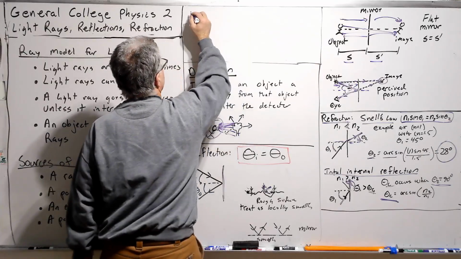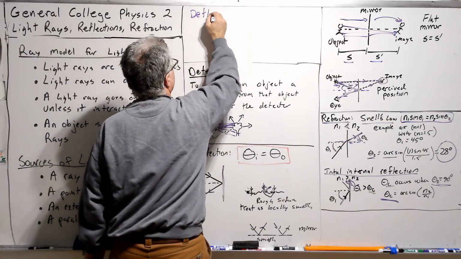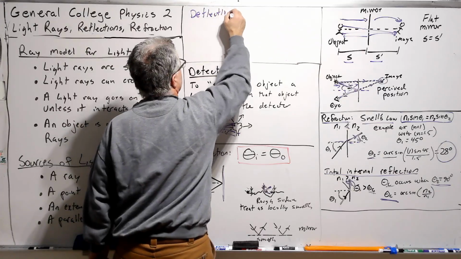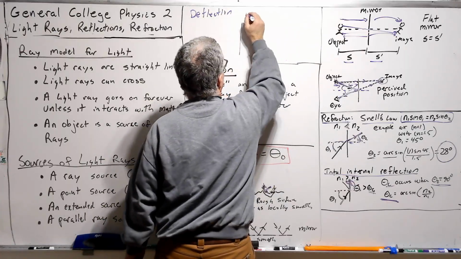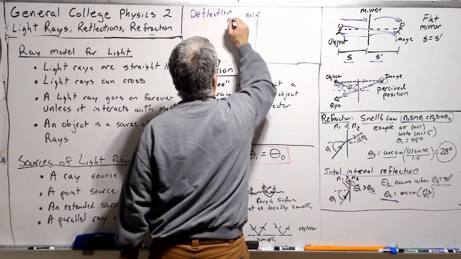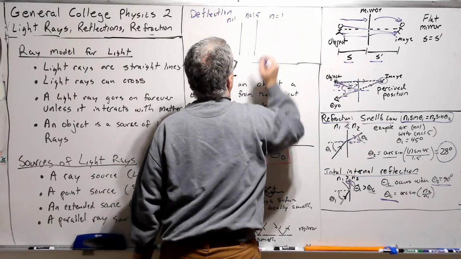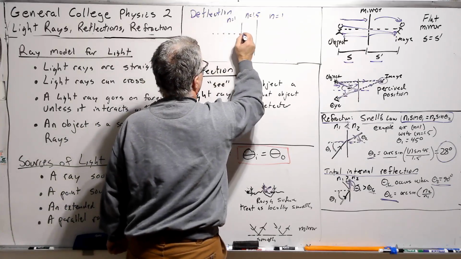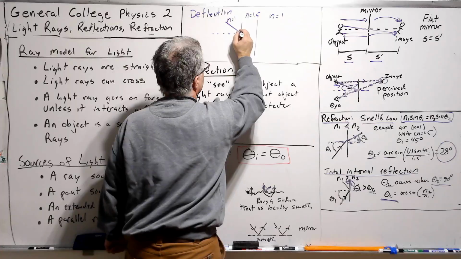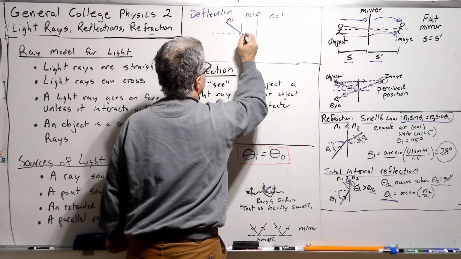And this is this idea of deflection. So let's say we have a glass plate and we're air over here. We're going to come in at some angle. Here's our normal.